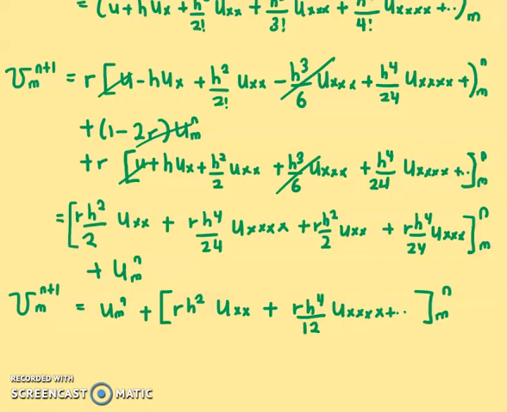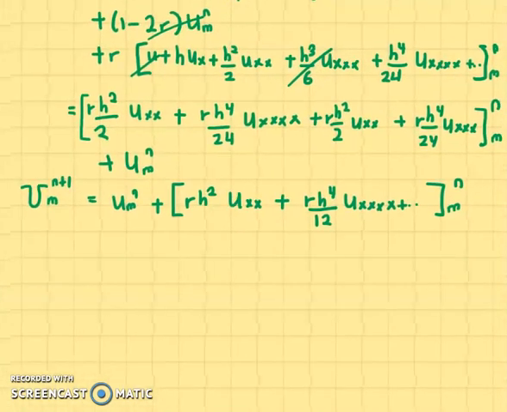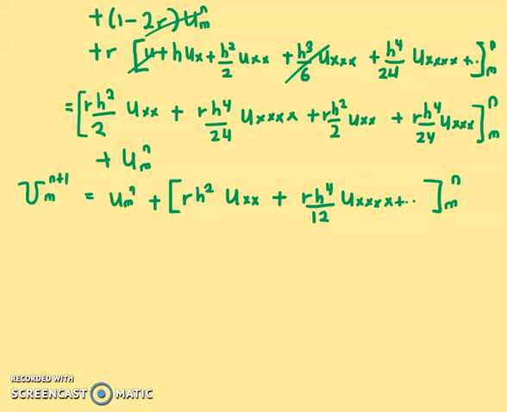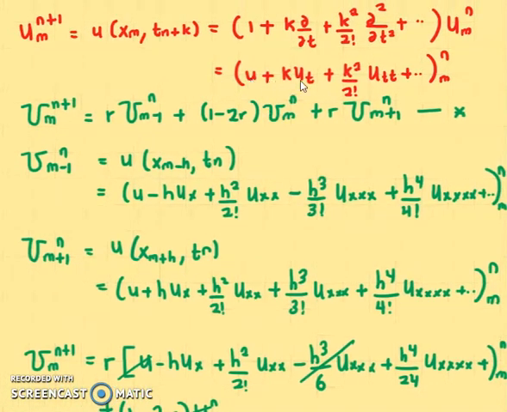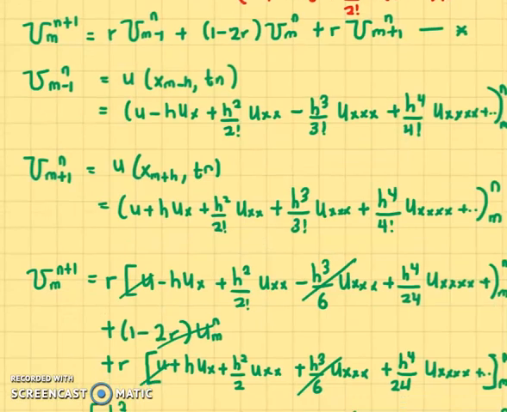Okay, now putting back into the LTE. The LTE is given by T_m^(n+1) equals the exact solution minus the approximate solution. Earlier on, the exact solution we obtained, we expanded in terms of t, which is this one: u plus k u_t plus k squared over 2 factorial u_tt.